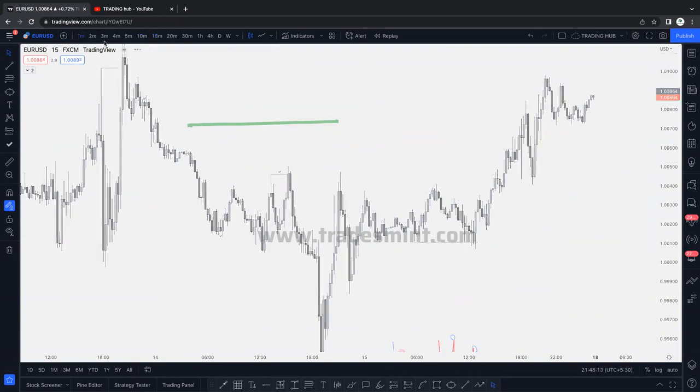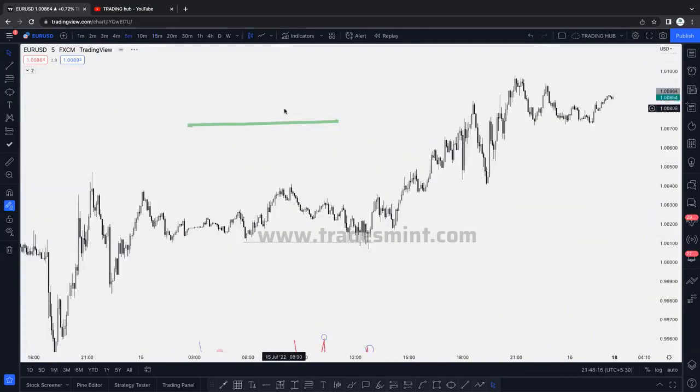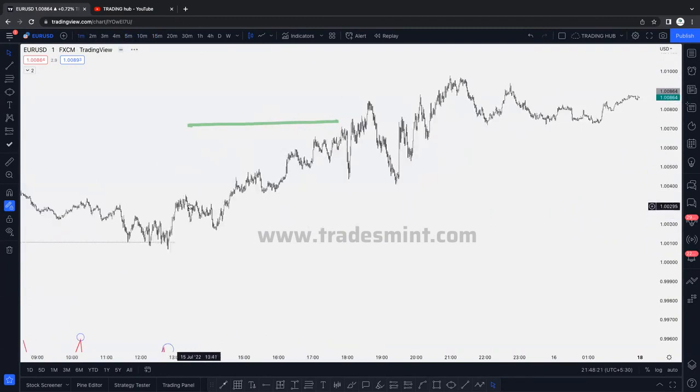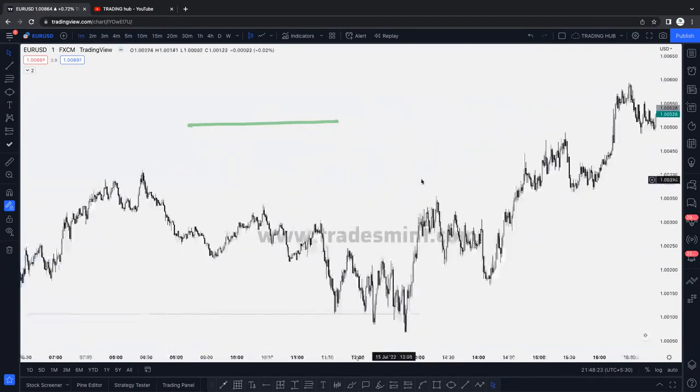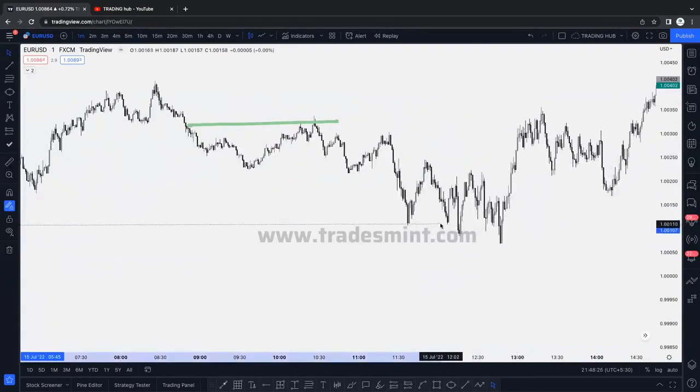And at this point, I think the 5 minute is also... look here. In the 1 minute structure, you can see price closing below it, every candle closing below it. When you switch to a slightly higher time frame, then you can see exactly what is a liquidity sweep or just a break of structure. Then you can see at this point this is just a liquidity sweep, not a break of structure, correct? Yes.